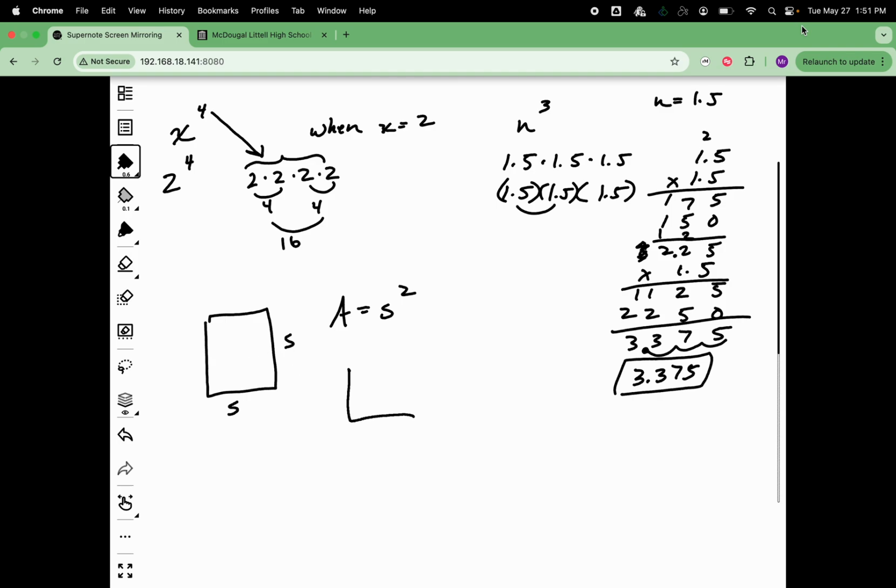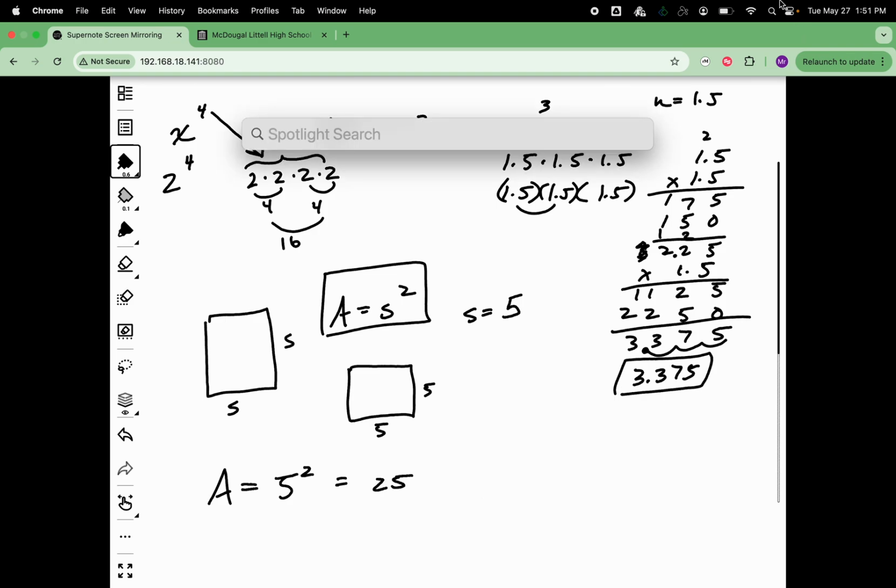This is 5, and this is 5, and this is a square. Area equals S squared, and S is going to equal 5. Now I should have used a different letter because S and 5 look a lot alike. But I'm going to take 5 squared, and that's going to equal 25. It's just 5 times 5, base times height.